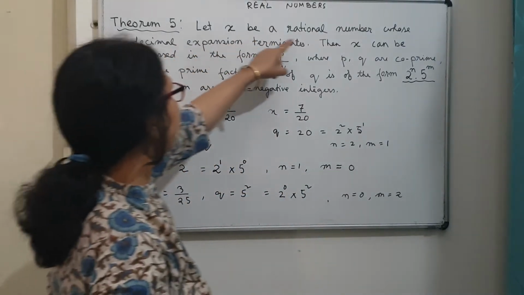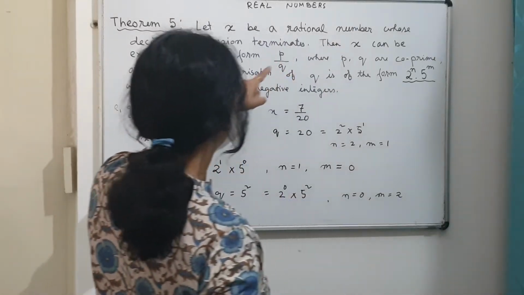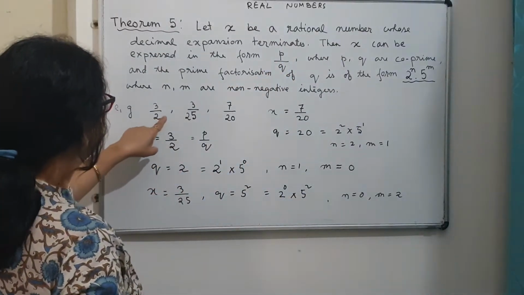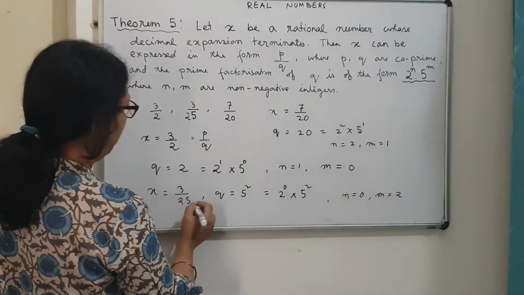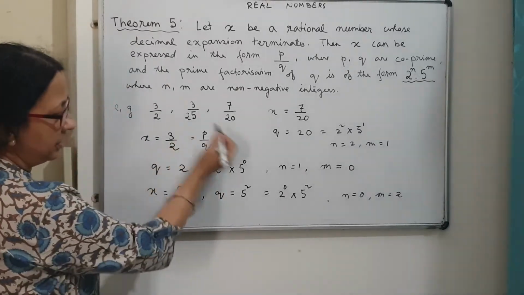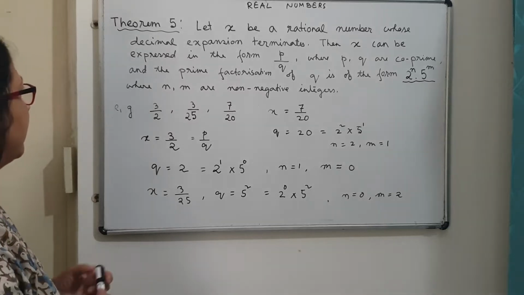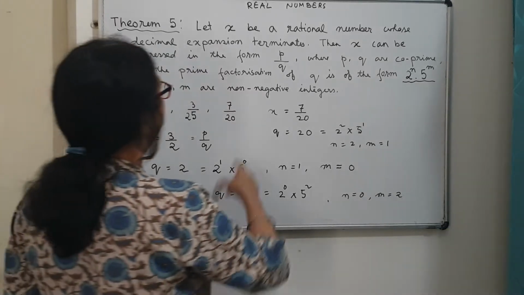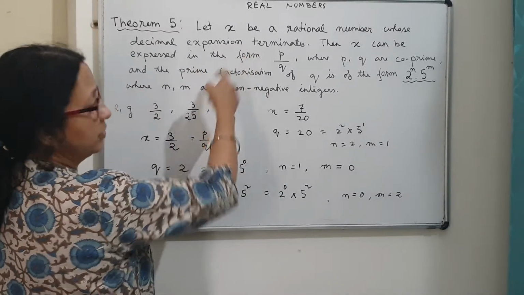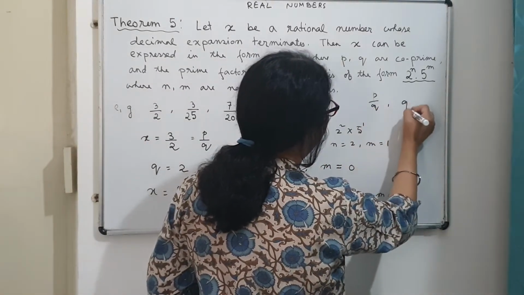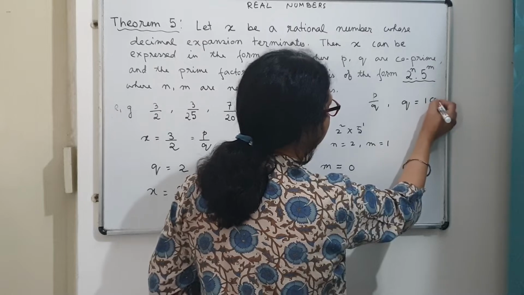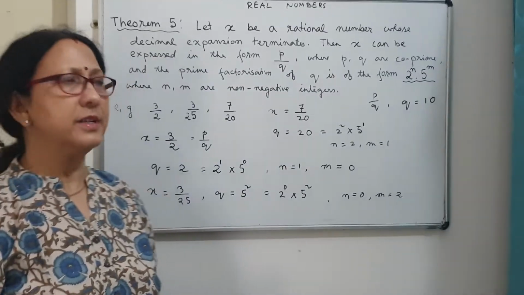That is, if x is a rational number whose decimal expansion terminates. Okay, so this is about the theorem. Now I'll show you why this is so. Because for a decimal expansion to terminate, the denominator always will have to be a multiple of 10. Then only it will have a terminating decimal.